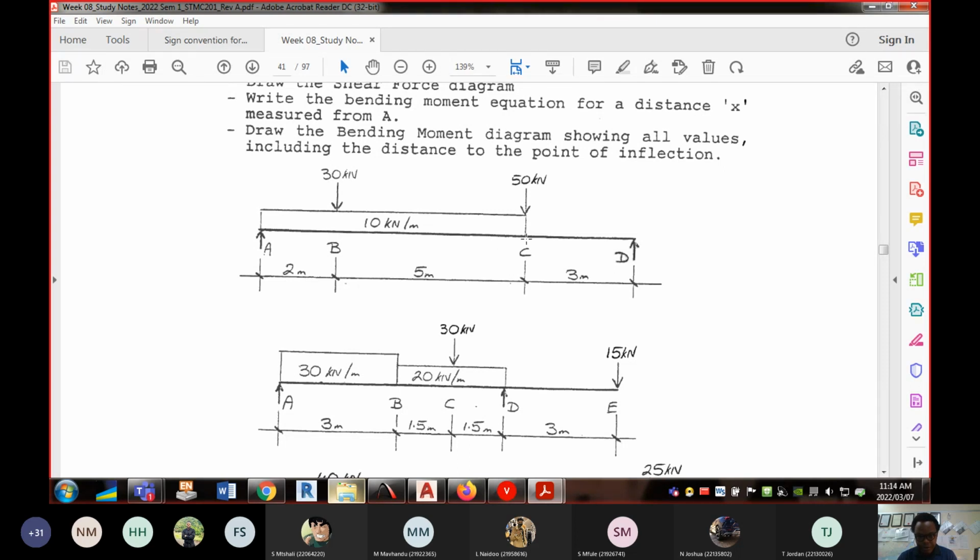I can go to node C and consider the right-hand side, which is easy because there's only VD. Or I can go to node C and take the sum of the moments considering the left-hand side, which will give you the answer, but obviously there are quite a few forces to deal with. You have VA, you have 10 kilonewton per meter, as well as 30. At C, the lever arm for 50 is 0, so 50 doesn't come into play.